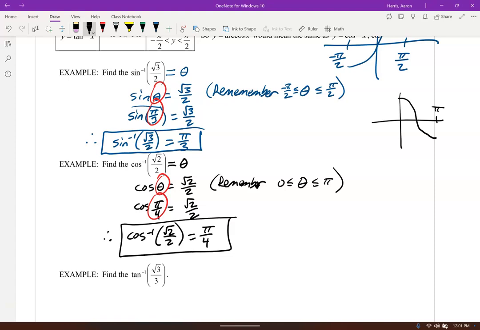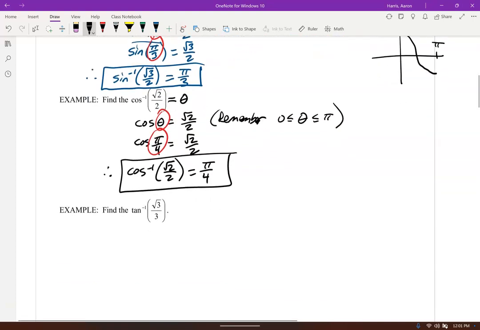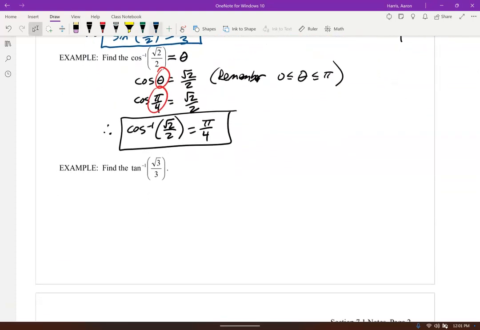Now let's do it for the arc tangent. The arc tangent of root 3 over 3. So we'll go ahead and set it equal to something. That means the tangent of theta would be root 3 over 3. In other words, the sine over the cosine is root 3 over 3.